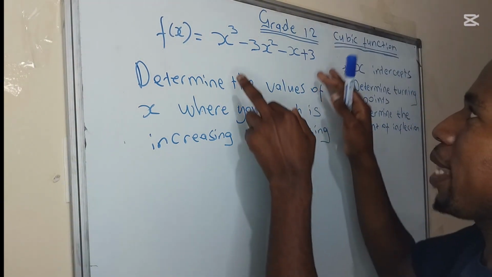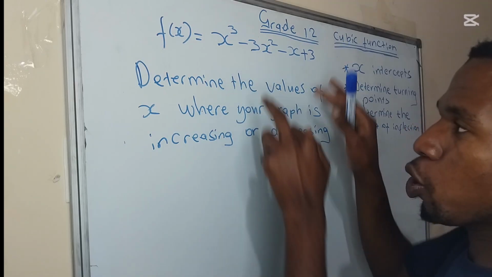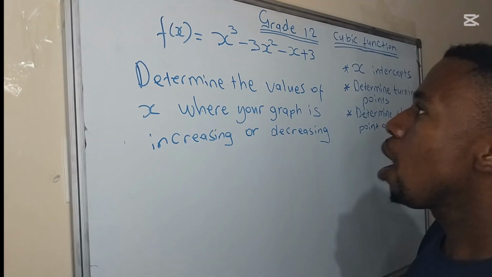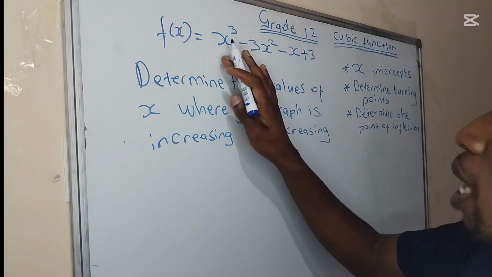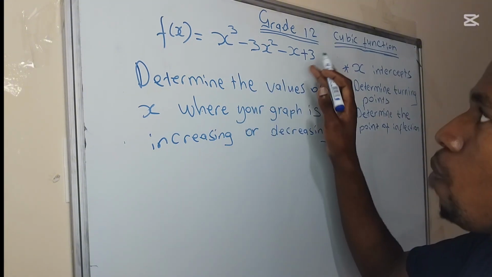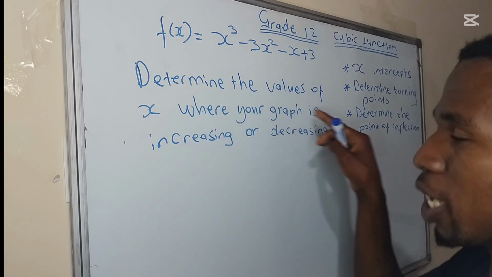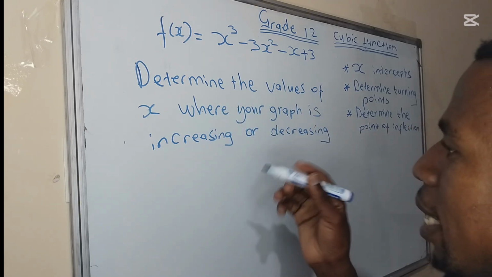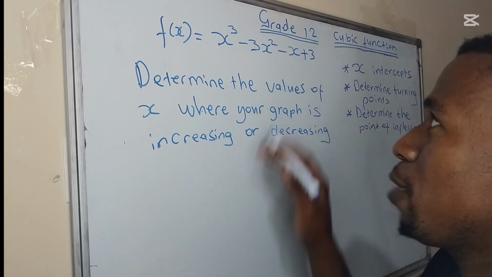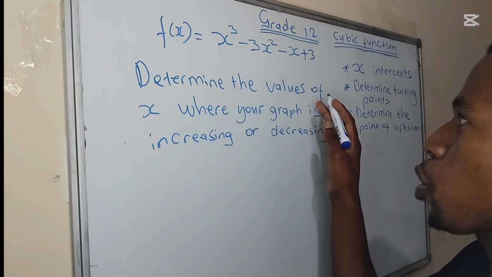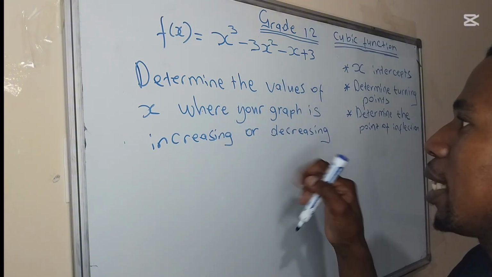So let's determine the x coordinates of the turning points so that we can answer this question correctly. We are going to use our first derivative to find our turning points. So let's find our first prime, for the question that says determine the values of x where your graph is increasing.